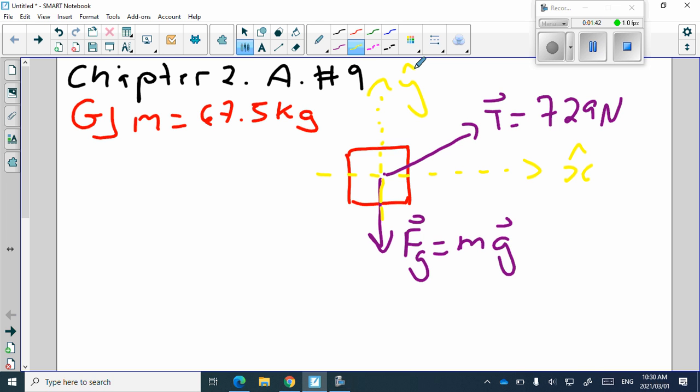So someone tell me what this angle is right there. Marco. Yeah, you know, what kind of pattern is that?